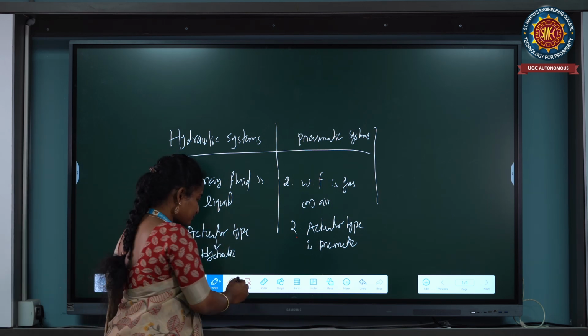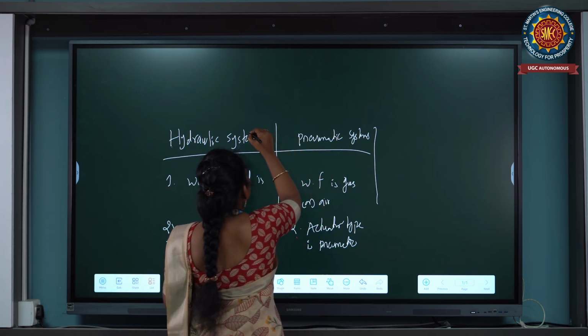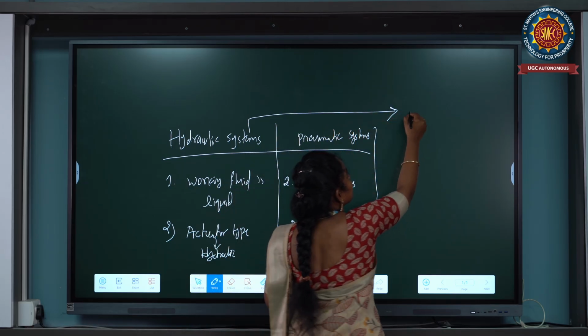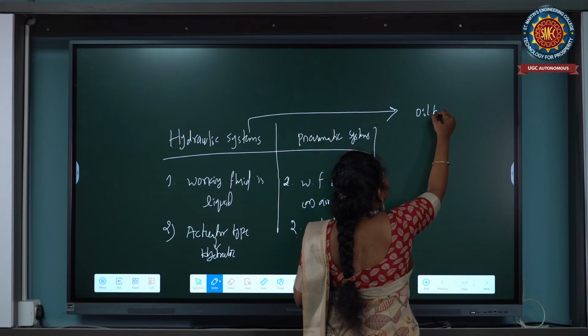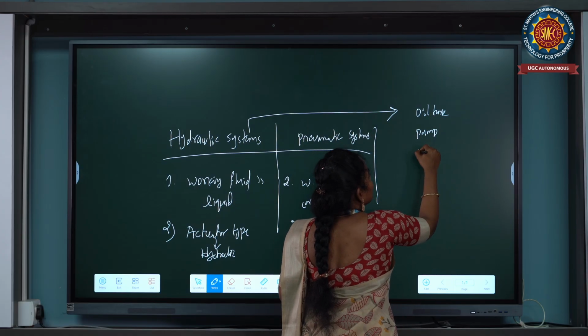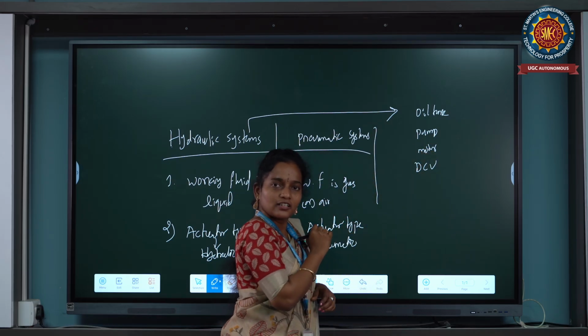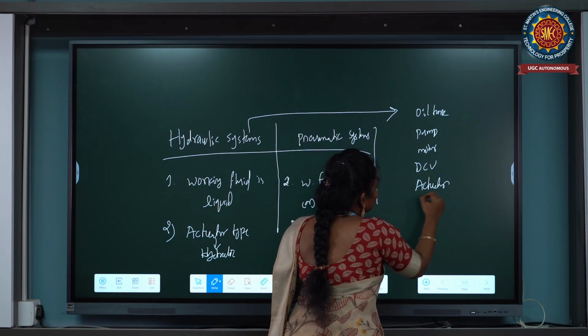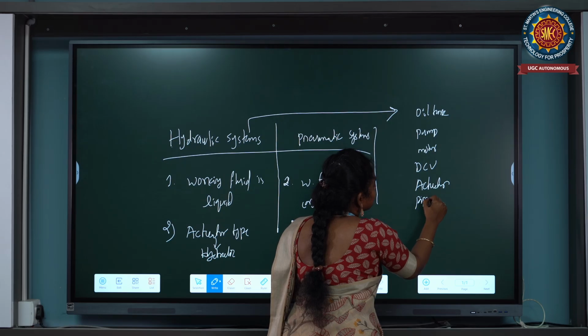In the hydraulic system, the main components are the oil tank, and the second one is the pump, motor, direction control valve, and actuator, and the third one is the piping system.